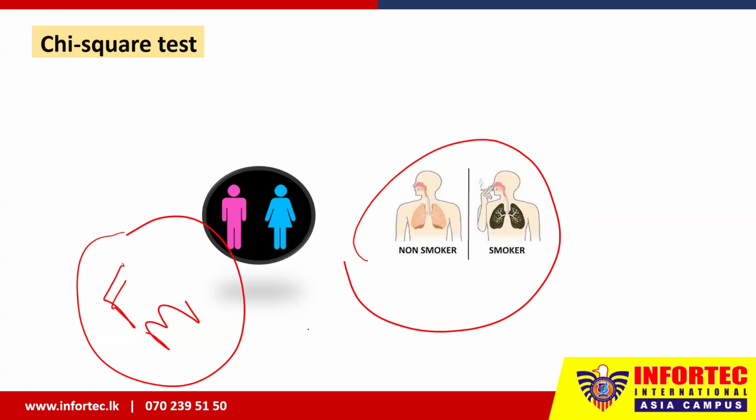Now can you construct the hypothesis related to that objective? Earlier I explained using variables A and B. Based on that, can you describe how to construct the hypothesis for this example, gender and smoking habit? What is your null hypothesis?